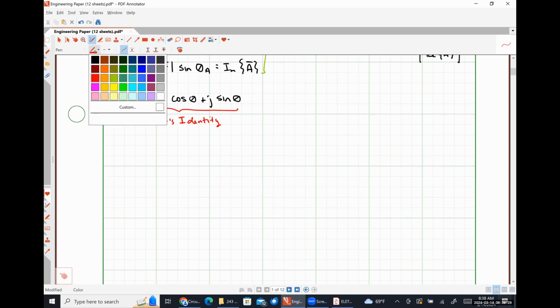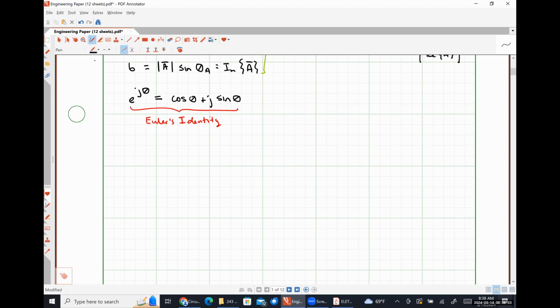So let's say that I have a complex number x that is expressed in rectangular form as -5 plus j7. And I want to figure out what that complex number x would be in polar form, okay?